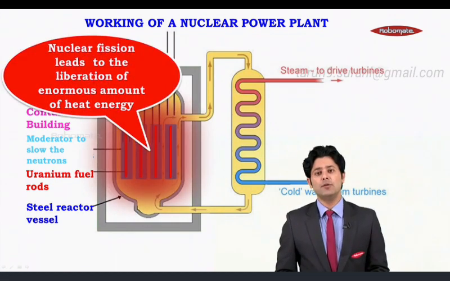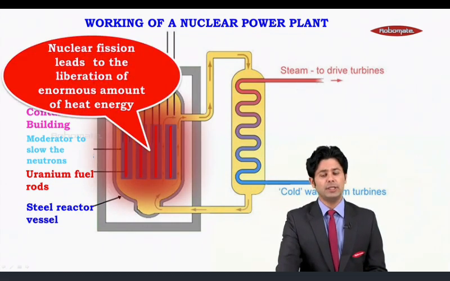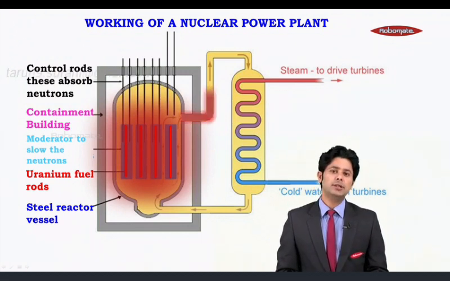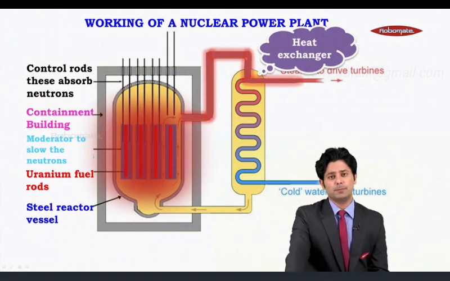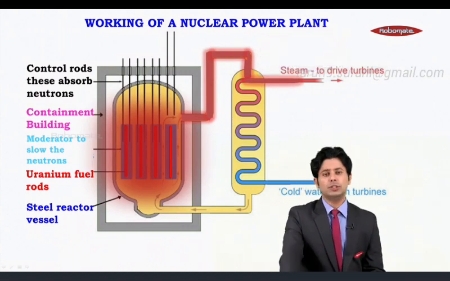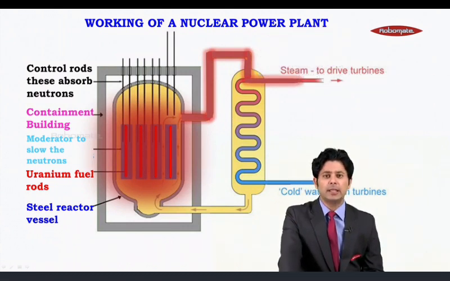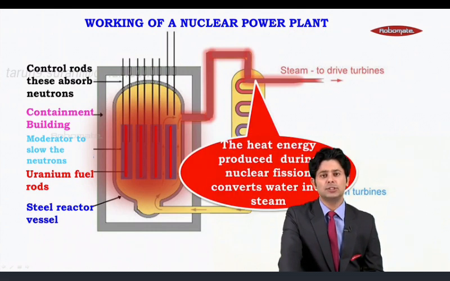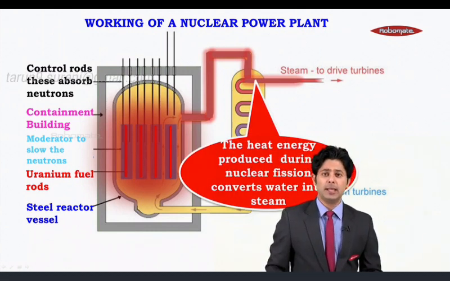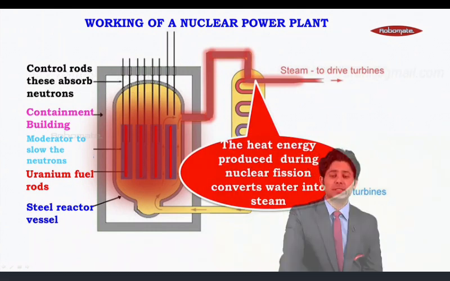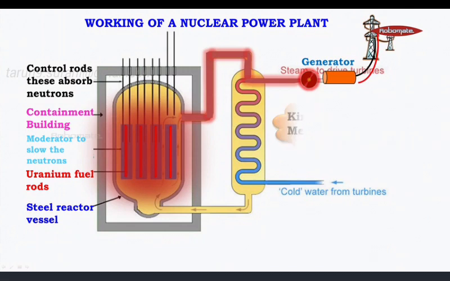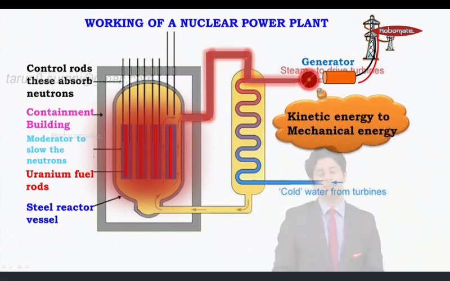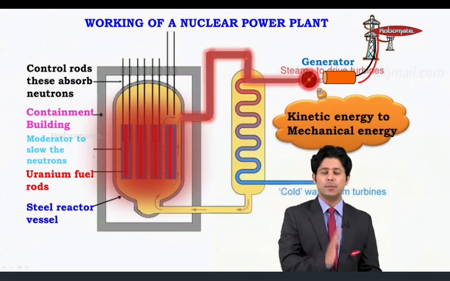Now this nuclear fission leads to liberation of heat energy, and this heat energy goes to a section that we call the heat exchanger. Here the water gains heat energy and gets converted into steam, and this steam has kinetic energy. This kinetic energy of steam is used to rotate turbines, so the transformation of energy in this case is kinetic energy to mechanical energy.